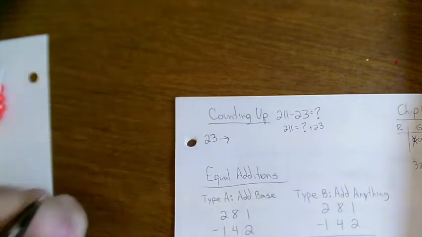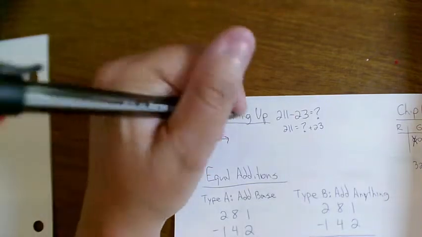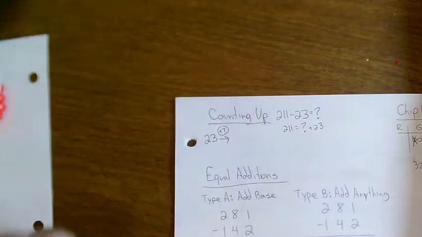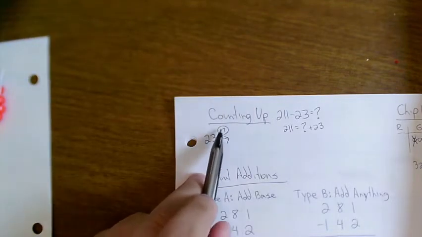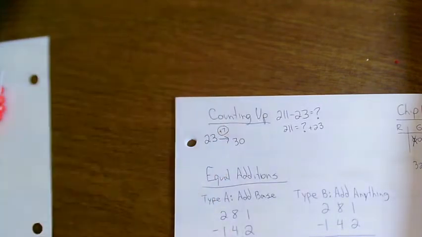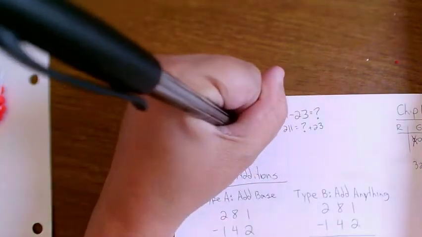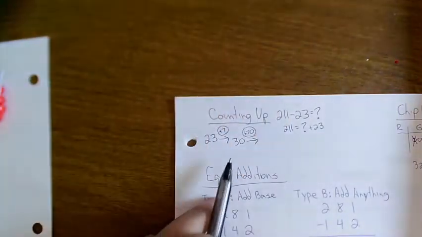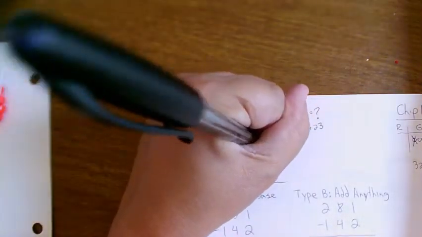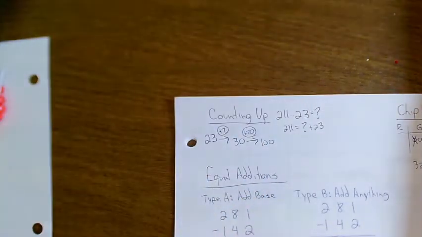So maybe if I started with 23, you can do this in lots of different ways, but maybe I start with adding 7 because 23 plus 7 makes a nice number. It makes 30. From 30, maybe I could add 70 because 30 plus 70, that's a nice easy 100.